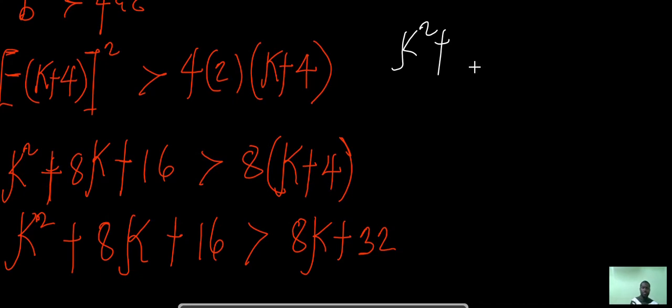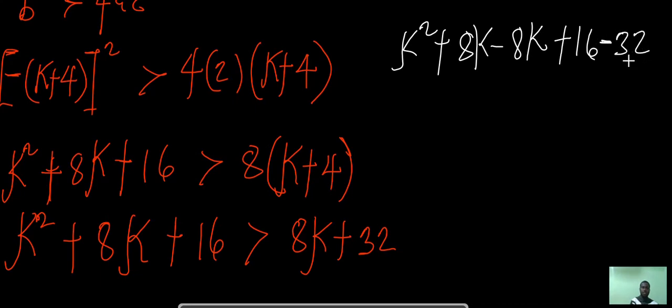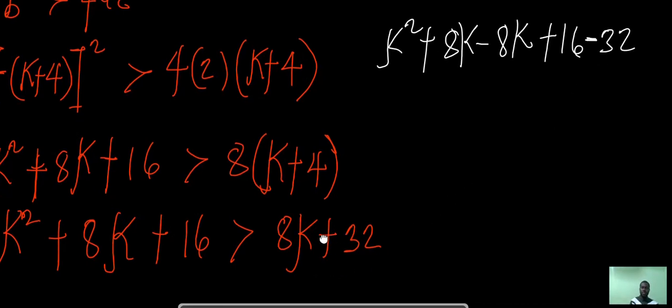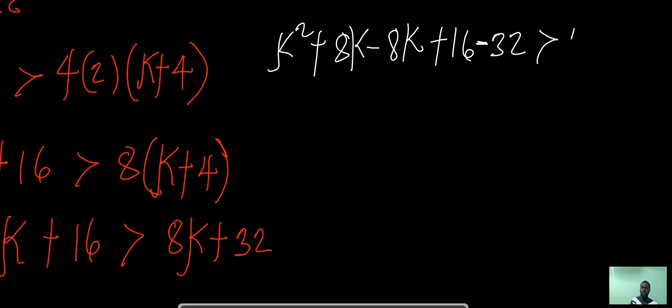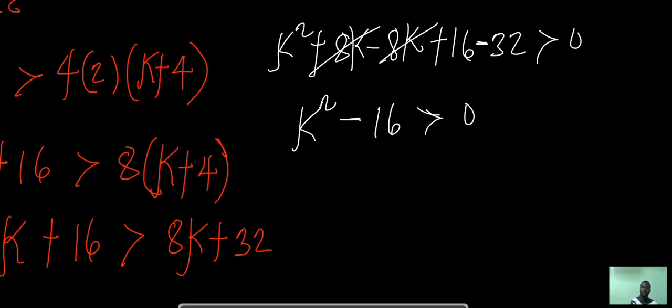K squared plus 8k minus 8k plus 16 minus 32 greater than 0. Plus 8k minus 8k takes care of itself. K squared, 16 minus 32, that's minus 16, greater than 0. Okay, no problem. K squared minus 16 greater than 0.